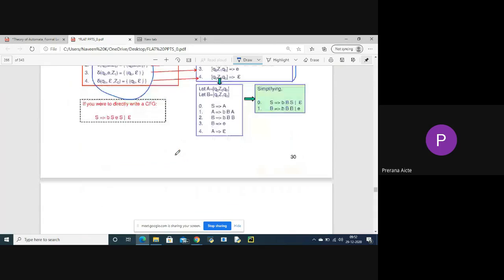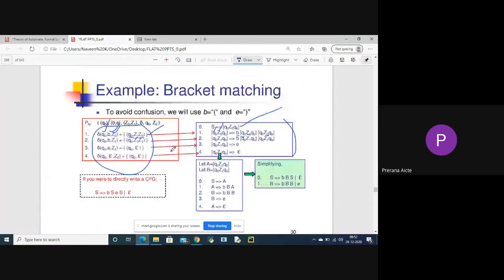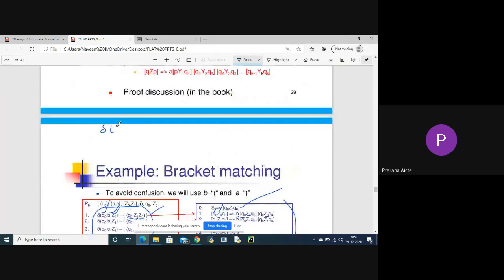Okay, I will write here delta of q naught comma b comma z naught is equal to q naught comma z1 comma z naught.